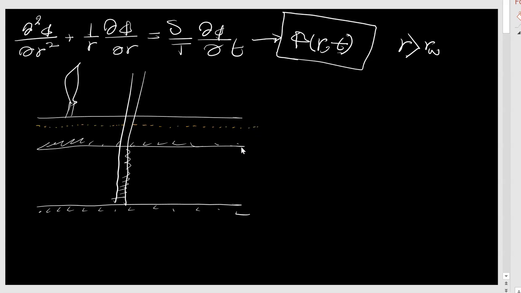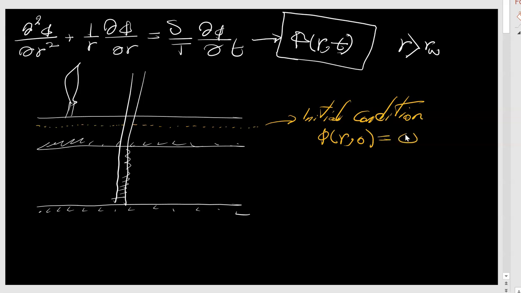It is above the upper confining layer because this is a confined system. So this is the initial condition, which is a flat line. Technically phi at any r at time 0 is a constant number, phi 0. This is my r_w, and this is r, which, for example, can go to infinity.